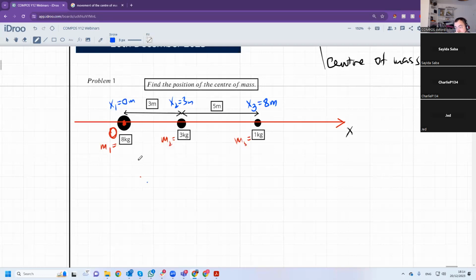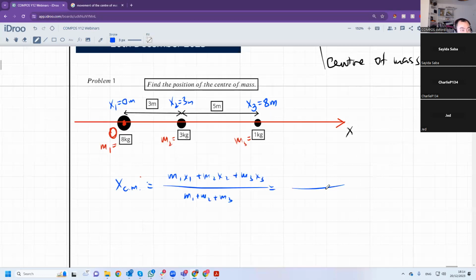Does that make sense? And from then on, you just use the formula. The center of mass is m1 x1 plus m2 x2 plus m3 x3 divided by m1 plus m2 plus m3.